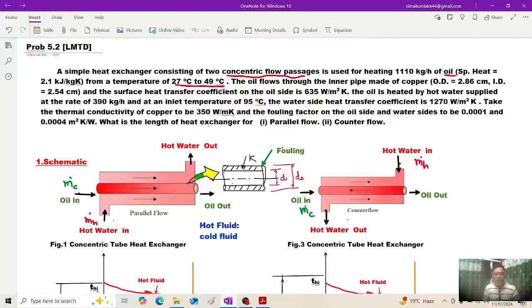The oil flows through the inner pipe made up of copper having outer dia 2.86 centimeter and inner dia 2.54 centimeter. And the surface heat transfer coefficient on the oil side is 635 watt per meter square Kelvin.